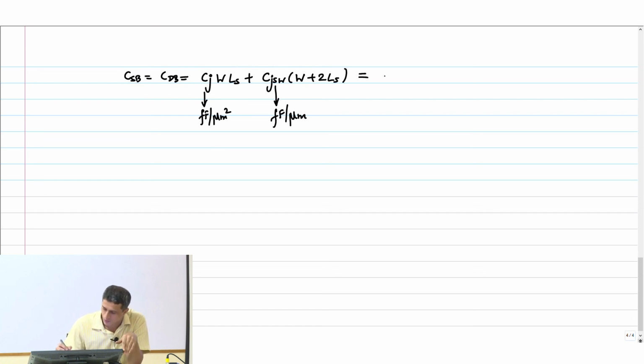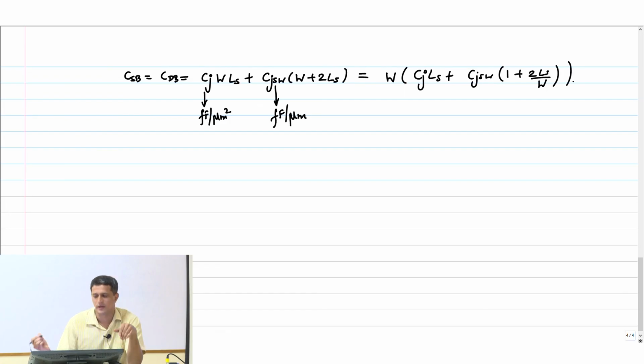Okay, this also I can write as W into CJLS plus CJSW into 1 plus 2LS by W. If you leave out that 2LS by W, if W's are large, right, then typically to a first order everything just scales with W, or that's effectively like a bias term, right?